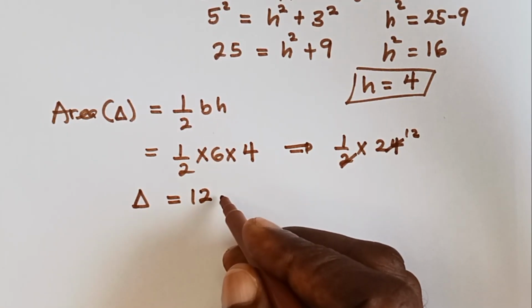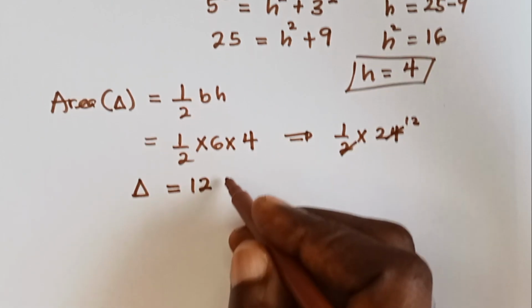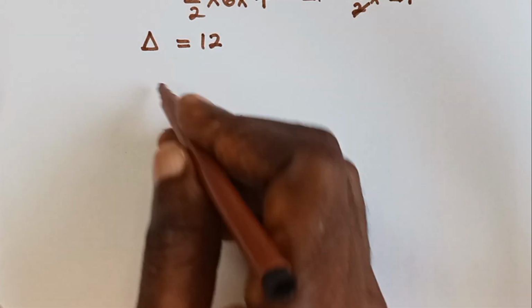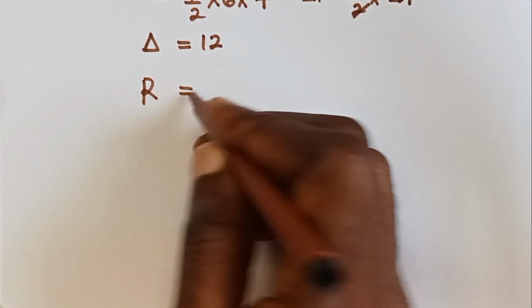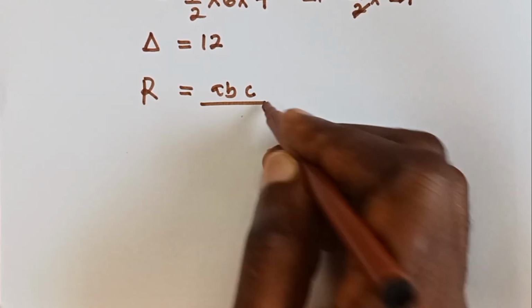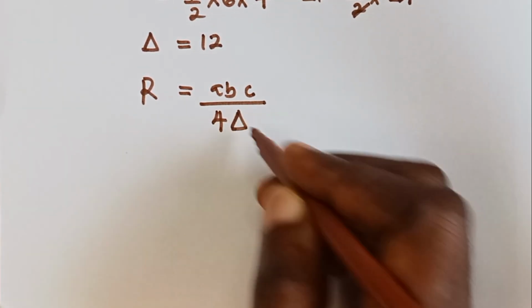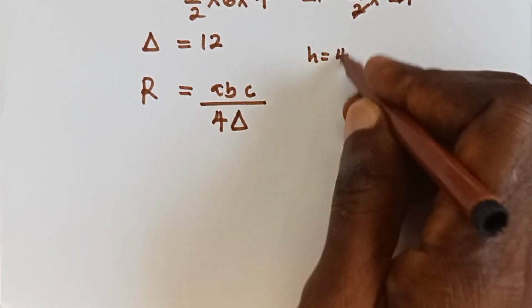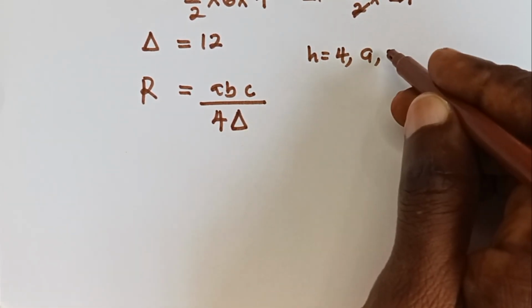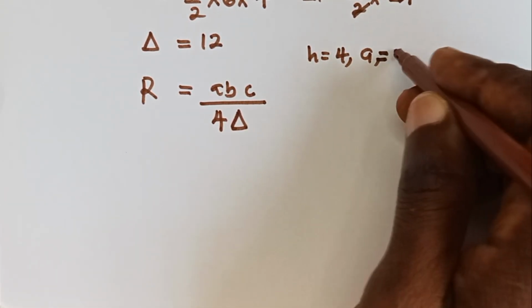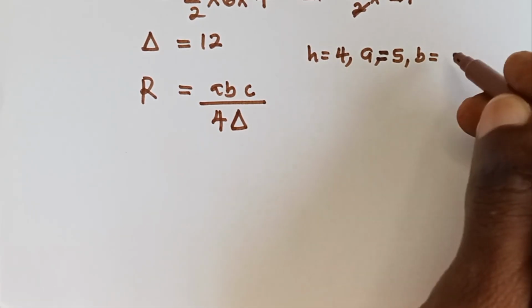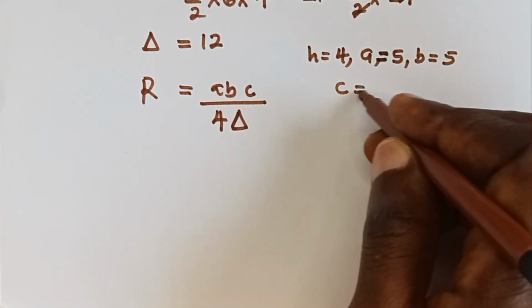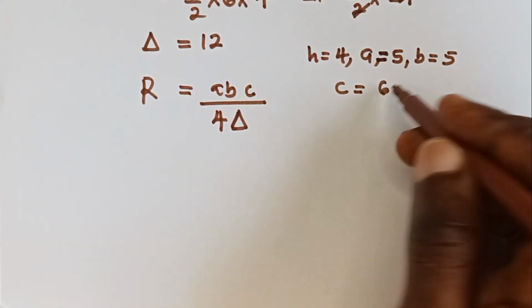All right, now we can find the radius of the circle using the circumradius formula that I wrote earlier. So we have the radius to be ABC over 4 times the area of the triangle. Remember that our height is 4, A is the first side, which is 5, B is the second side, which is 5, and C is the base of the triangle, which is 6.